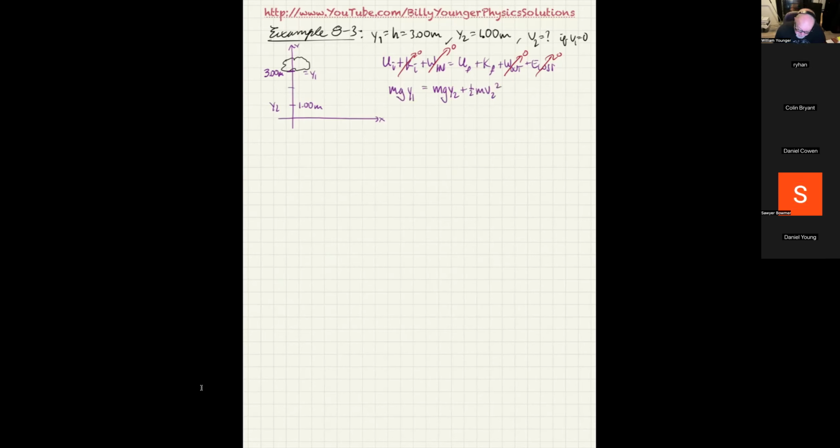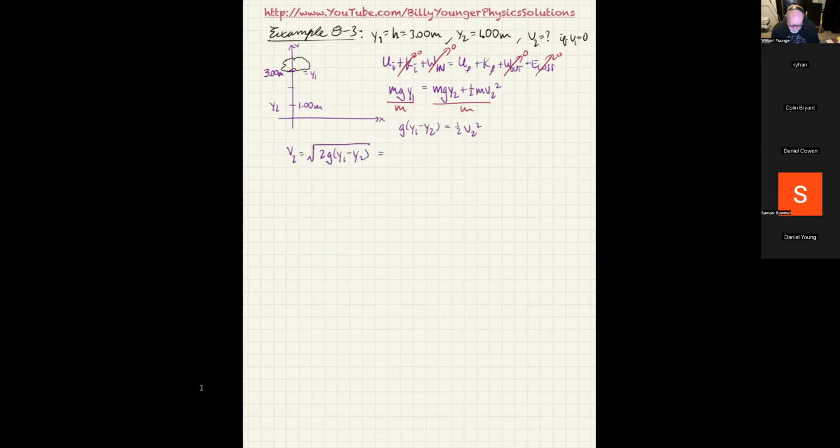Now, you can automatically see that clearly I can divide both sides by M, and the M's will disappear. And from that, we can get G times (Y1 minus Y2) is equal to 1 half V2 squared. So we finally can say that V2 is equal to the square root of 2g(y1 minus y2).